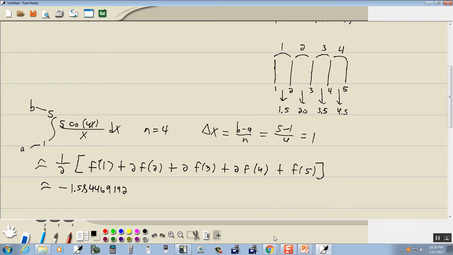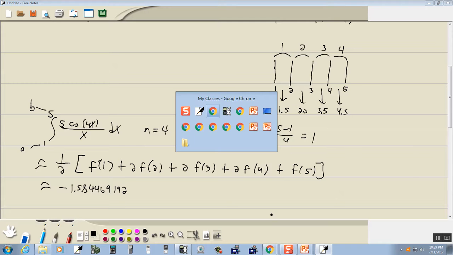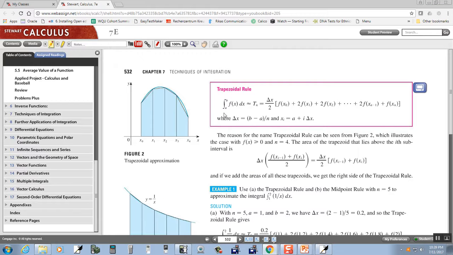Now let me double check the formula. Okay, A and B were, okay, that and that.